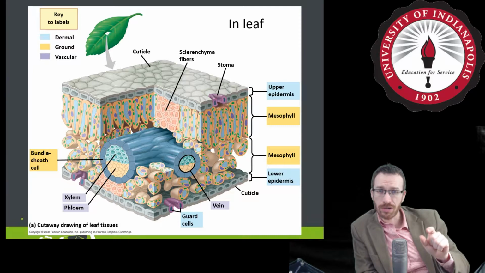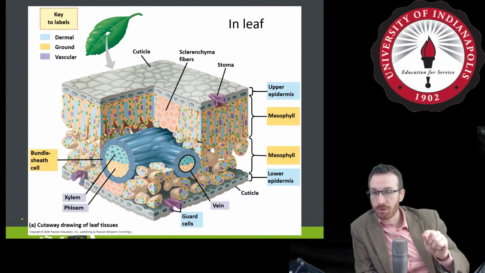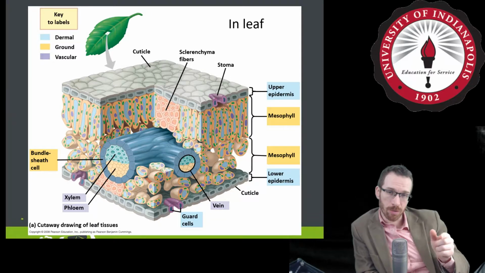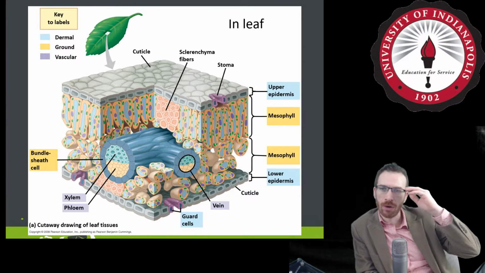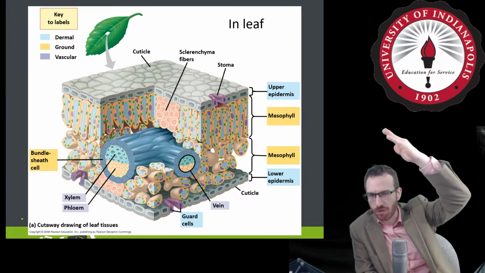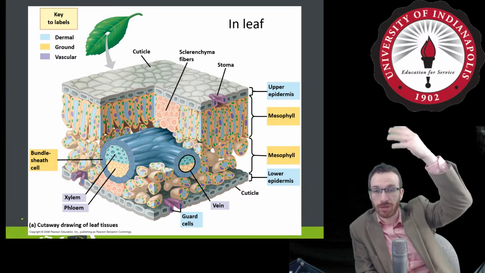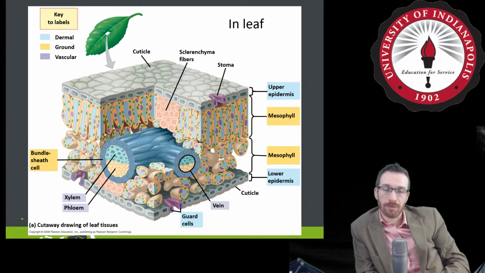And these guard cells are the cells that control whether that stomata opens or closes. Sometimes the plant wants to close stomata, sometimes it wants to open stomata. It depends upon the guard cells to do that. All this in between here is mesophyll. So all that is ground tissue that is going through photosynthesis. And you also have in the blue, happens to be a vein with the xylem and phloem running through it.